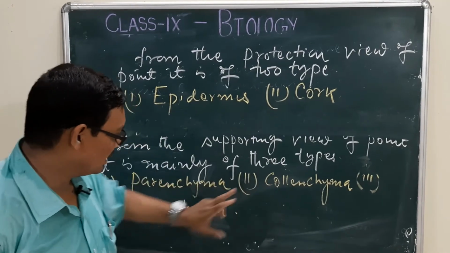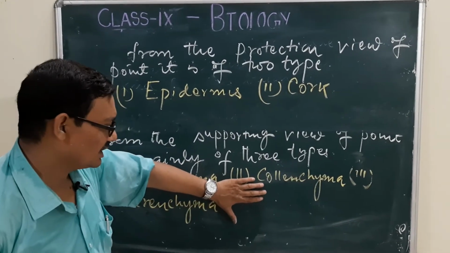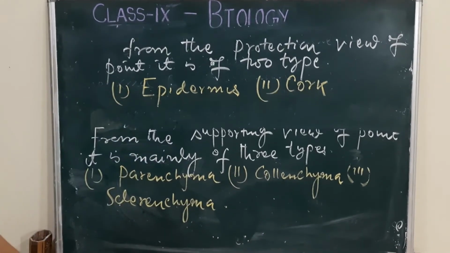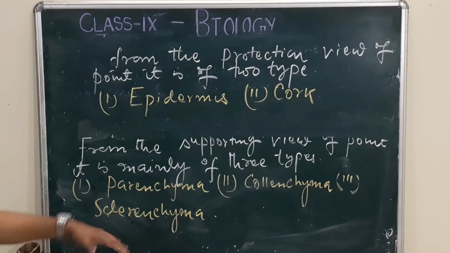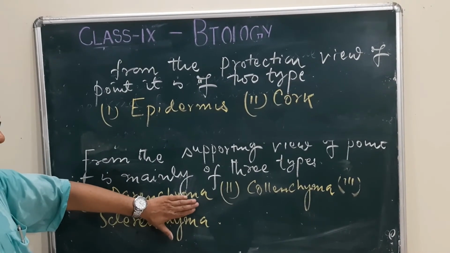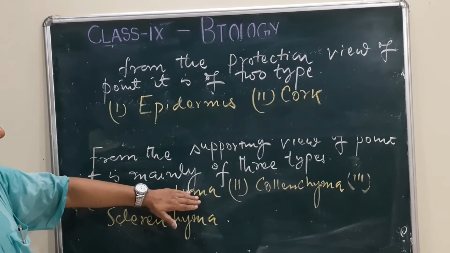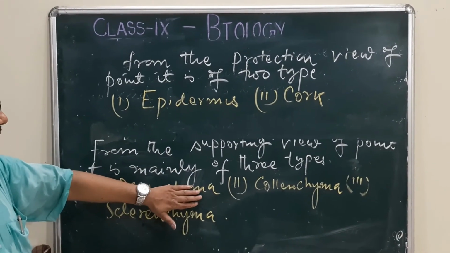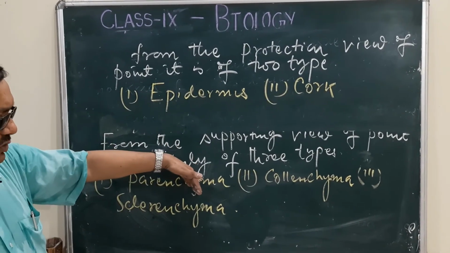Parenchyma, collenchyma, sclerenchyma, all these three are related with the supporting or mechanical strength, as well as other functions also. It has the packaging function, that is the supporting point of view, and storage functions. When these parenchyma cells possess chlorophyll, then it can also perform the function of photosynthesis.